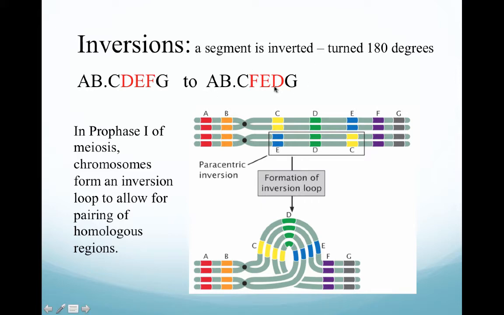It could actually be an inversion that could result in genes C, F, E, D instead of genes C, D, E, F.